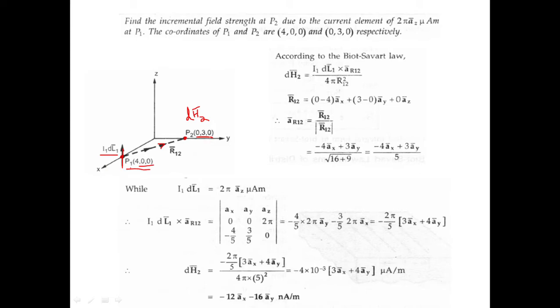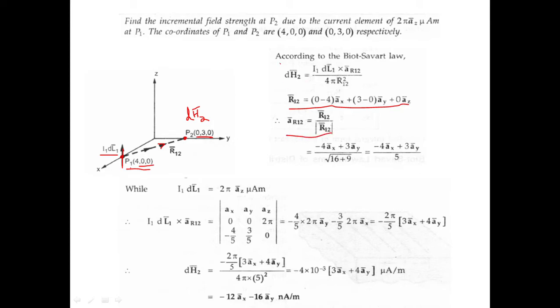So final minus initial will be 0 minus 4, 3 minus 0 and 0 minus 0, right? That is what is written here for R12, and this is the unit vector, right?